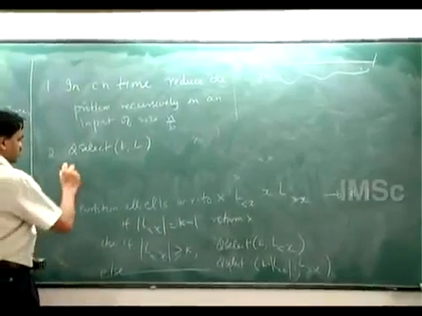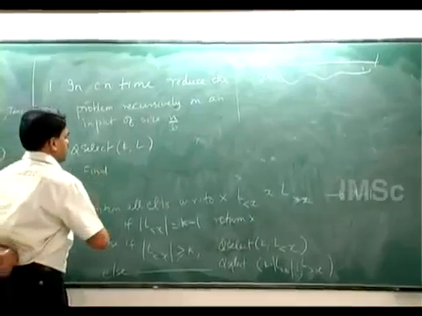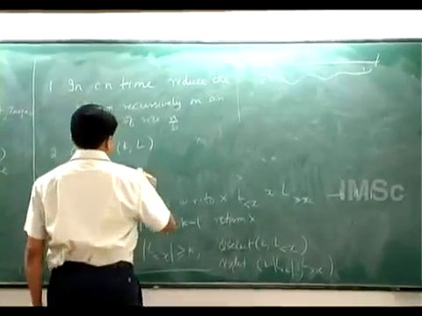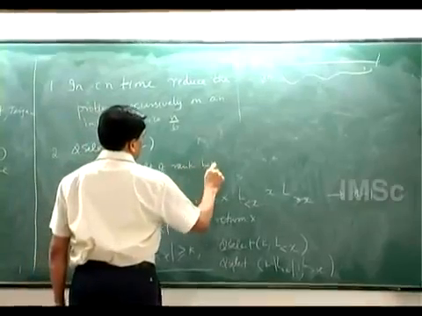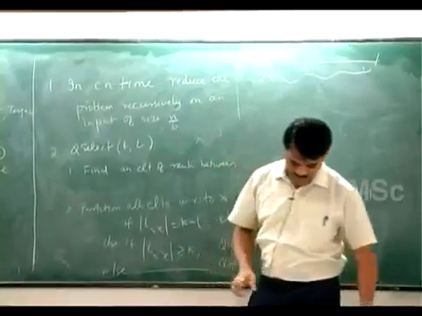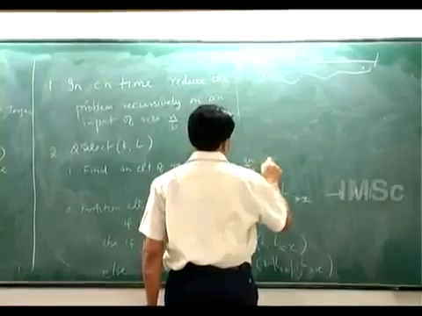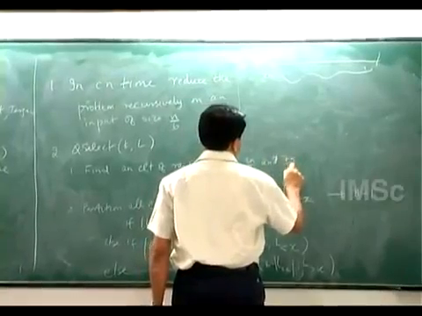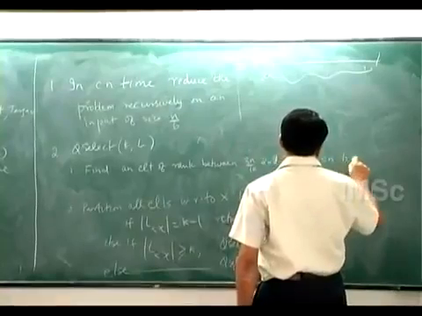So essentially, instead of a randomization algorithm, I'm talking about a deterministic step. What I want is to find an element of rank between 3n by 10 and 7n by 10 in some Cn time.